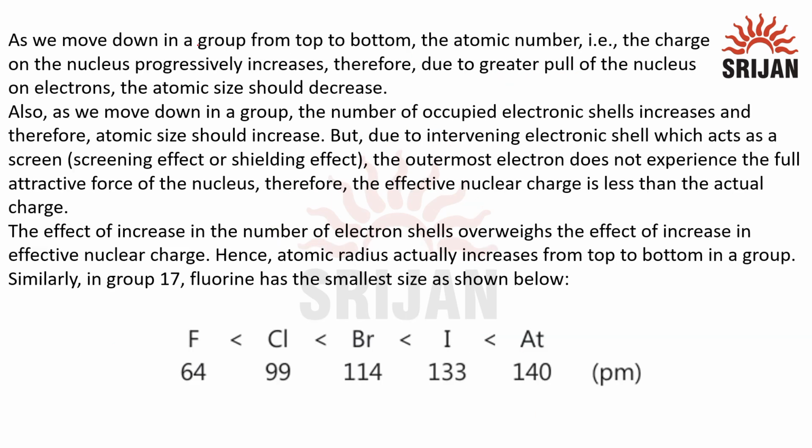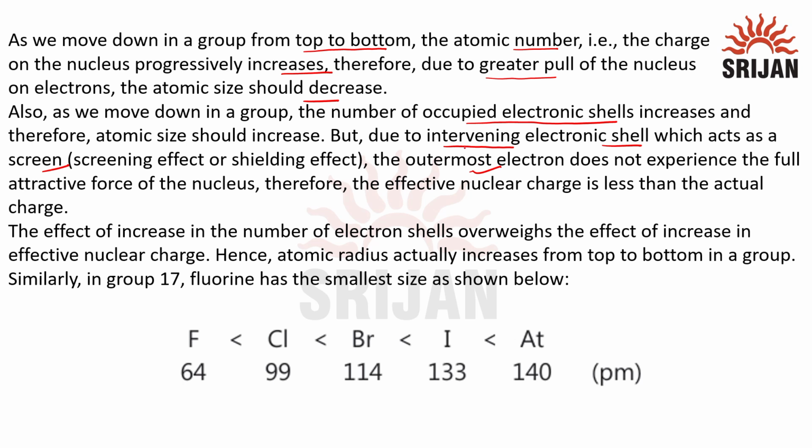Now as we move down in a group from top to bottom, the atomic number, that is the charge on the nucleus, progressively increases. Therefore, due to greater pull of the nucleus on electrons, the atomic size should decrease. But also we know that on moving down a group, the number of occupied electron shells increases and therefore the atomic size should increase. But due to the intervening electronic shells which act as a screen, the outermost electron does not experience the full attractive force from the nucleus.